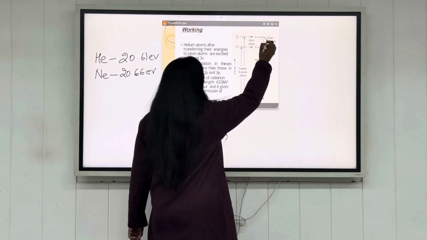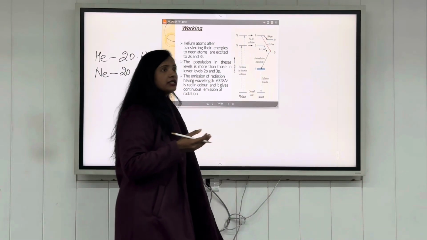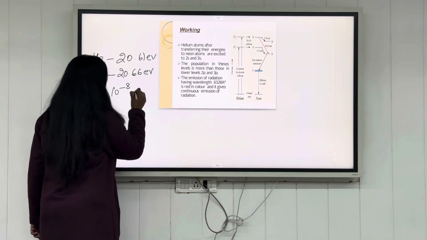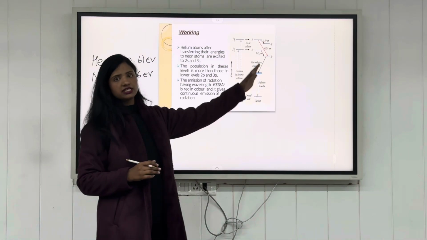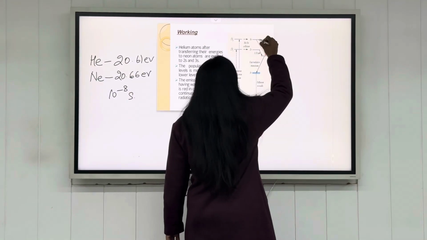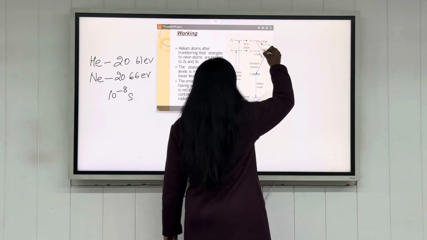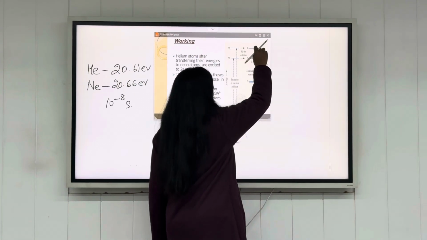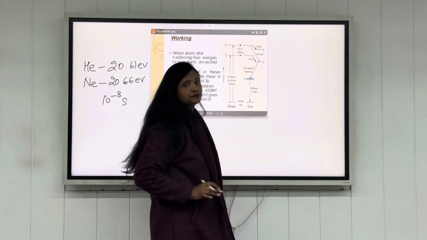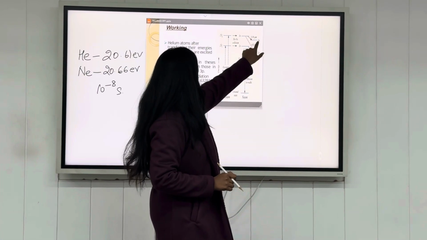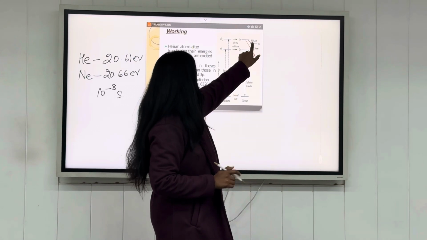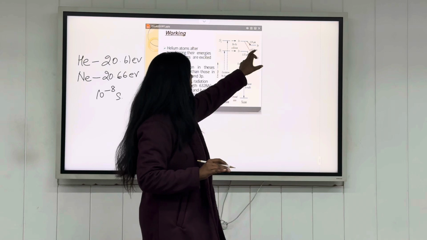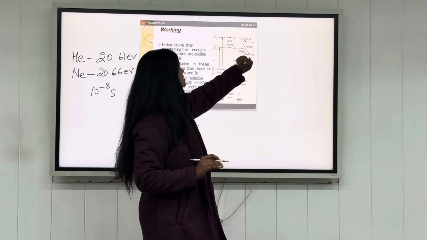Now what happens? We all know that for some time, 10⁻⁸ seconds, it stays in the higher energy level, and then it will start coming to the lower energy state. So first of all, it will make a transition from 3s to 3p, and light is emitted at 3.39 micrometer, which is this transition.